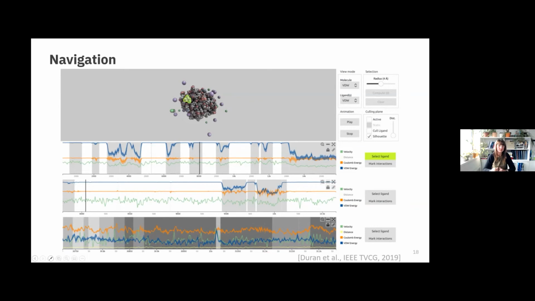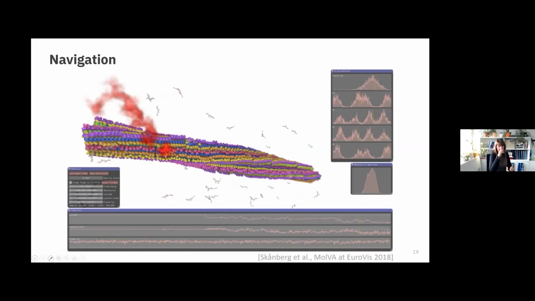So that was another approach which we took. And I want to mention the last example, which is from Robin Skånberg and his colleagues from 2018. And basically, they were presenting via MD tool, which is a tool which integrates the statistics, some plots showing these individual properties which are measured, and the 3D visualization of the interacting molecules. In this case, they are having a big tubular structure here and a set of some ligands floating around.